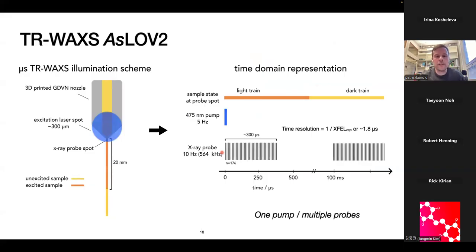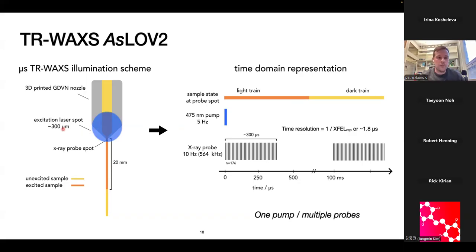So just to re-emphasize how the illumination was done, because the nozzle is semi-transparent, we have to illuminate the sample within the nozzle. So this is a 3D printed nozzle, as I mentioned, and the internal volume of the nozzle has to be large enough to span this time interval. In this case, it would be about 300 microseconds. So that translates to about 1 nanoliter of sample.